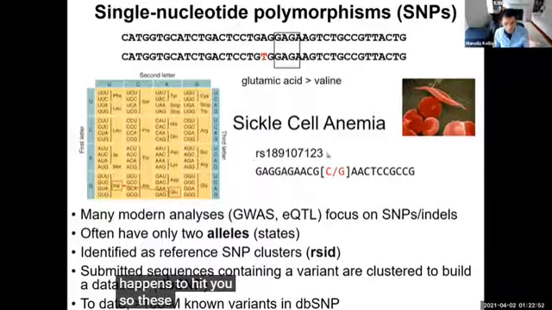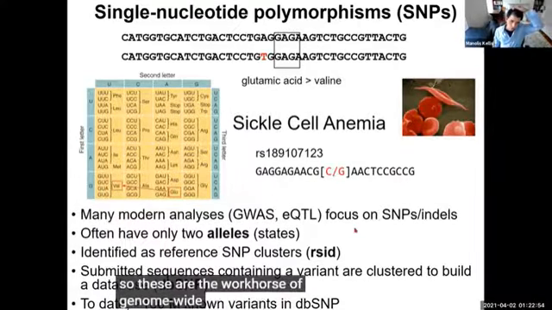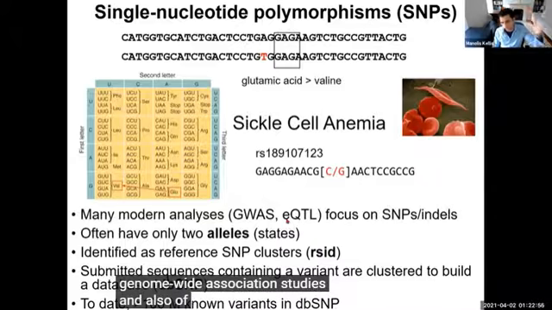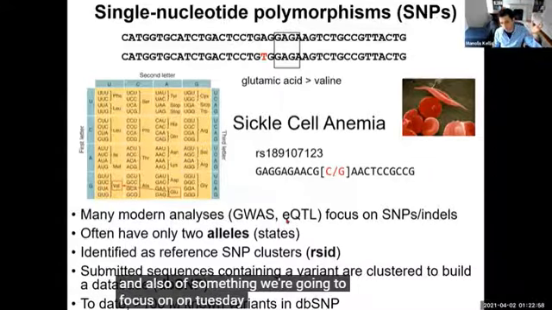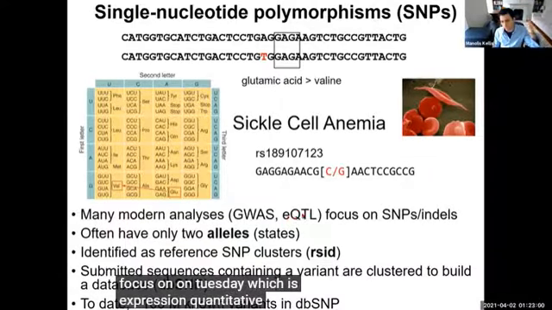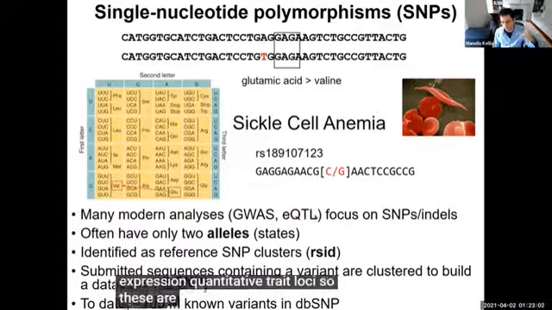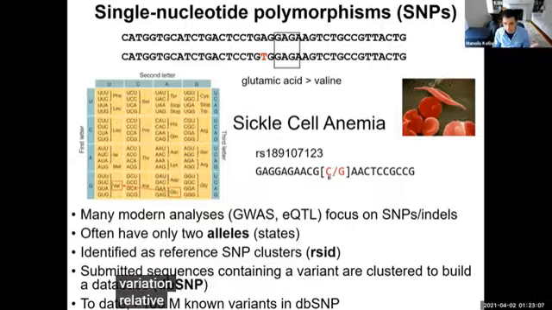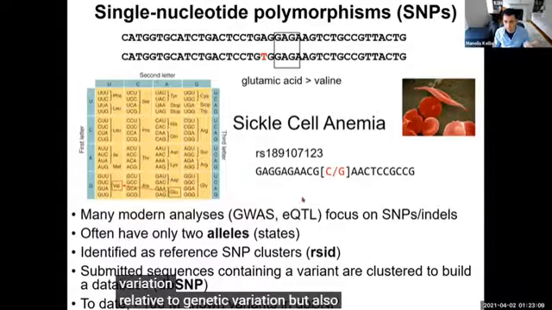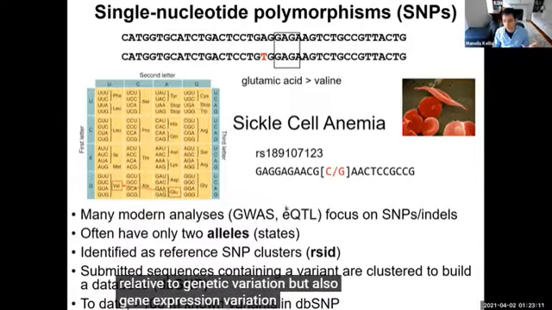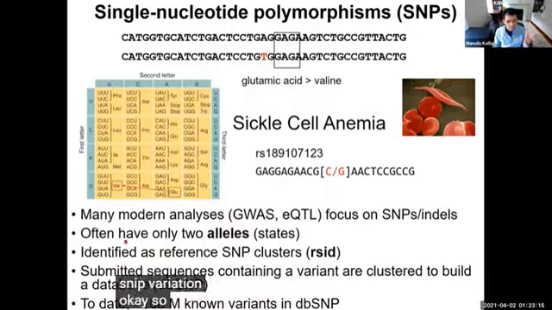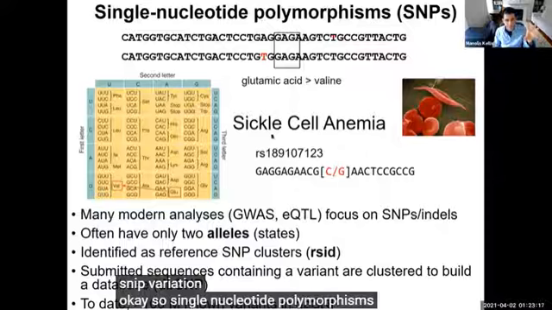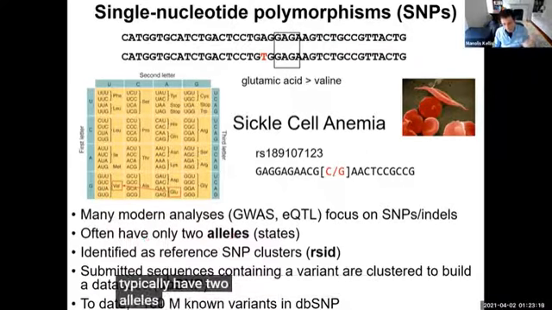So these are the workhorse of genome-wide association studies, and also of something that we're going to focus on Tuesday, which is expression quantitative trait loci. So these are studies that look not only at phenotypic variation relative to genetic variation, but also gene expression variation relative to SNP variation. Okay, so single nucleotide polymorphisms typically have two alleles.